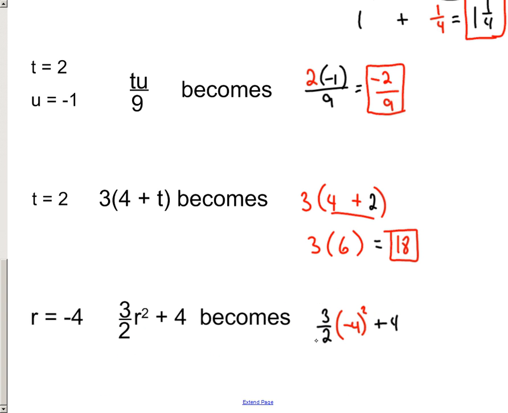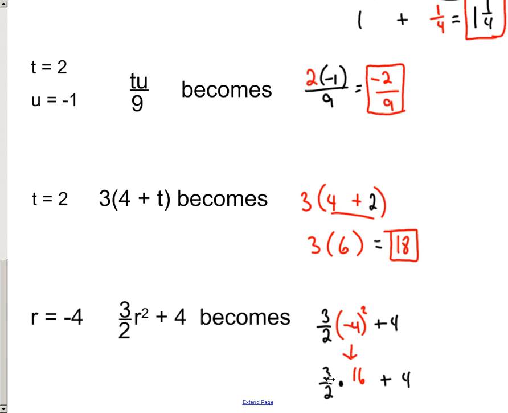The very first thing we must do is look for parentheses. Well, there's nothing to do inside the parentheses. There's no plus or minus. After parentheses is exponents. So this negative 4 is being raised to the second power. Well, negative 4 times negative 4 is positive 16. So we're left with 3 halves times positive 16, because negative times negative is positive, plus 4.